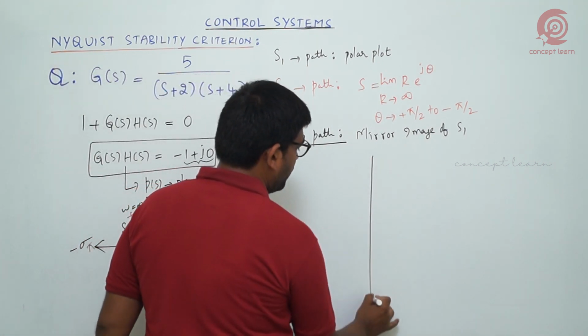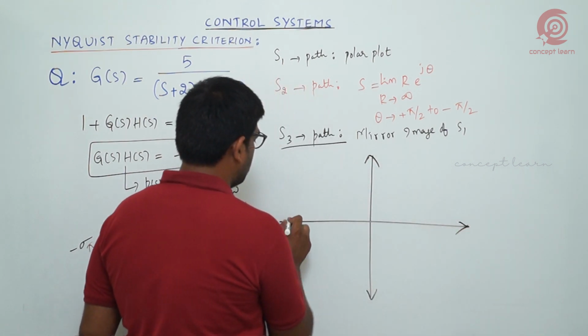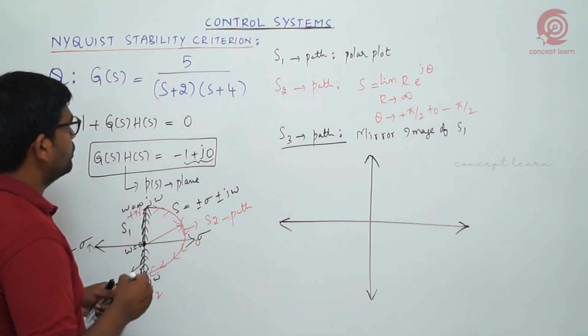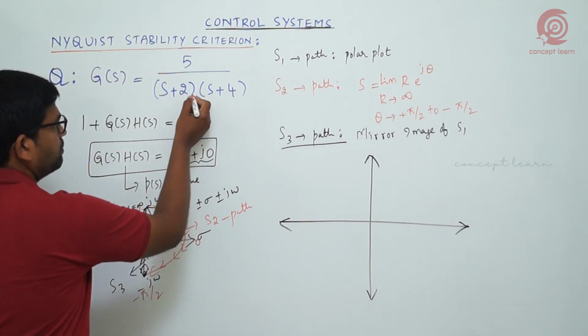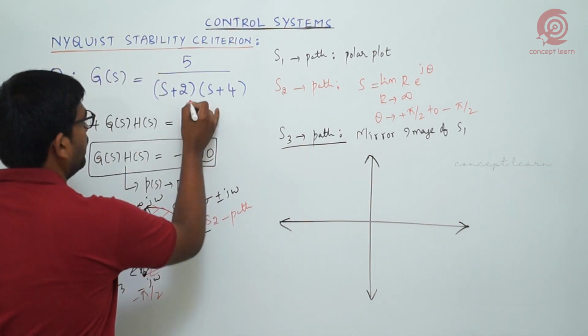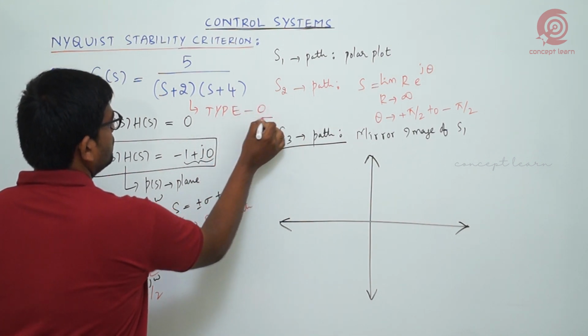Look here, I am just following with this construction of S1. If you look at this S1, it is type 0, because there is no pole located at the origin, so it is type 0. And what is the order?